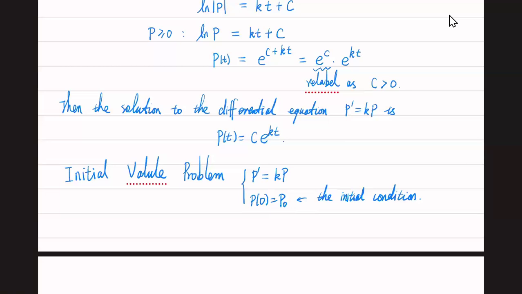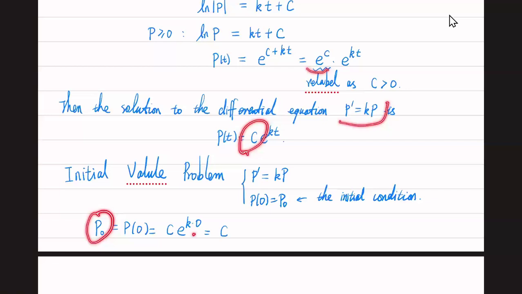If we substitute t by 0 on both sides, so this will be P(0). We figure out this constant, which is given by the initial condition.